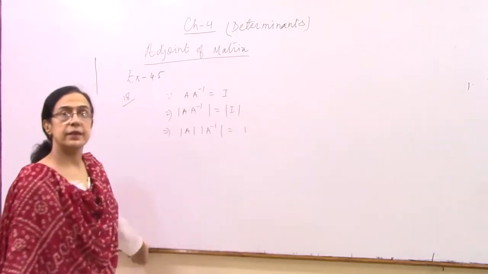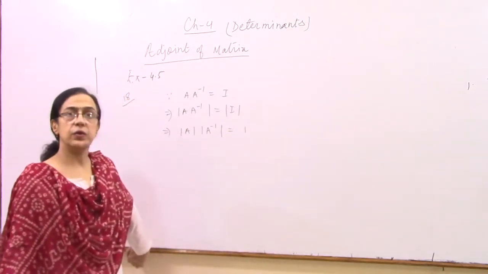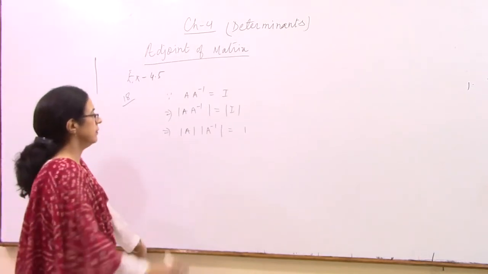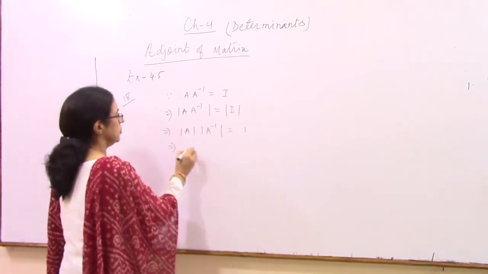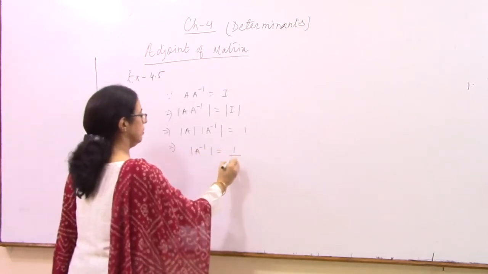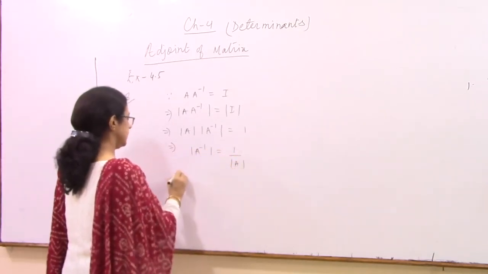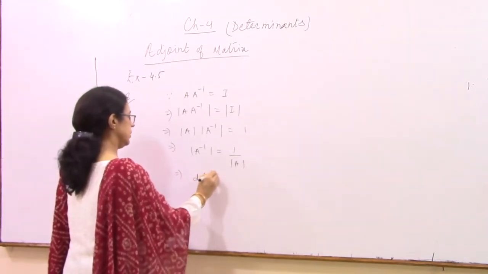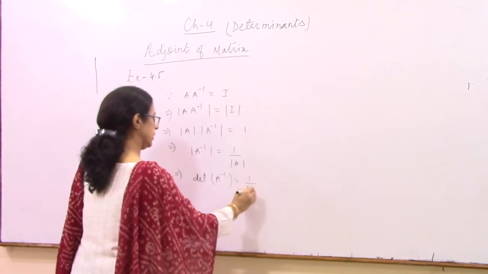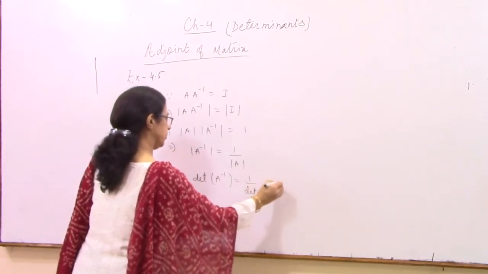Why? Since determinant of any unit matrix or identity matrix is 1. So determinant A inverse equal to 1 upon determinant A. Option B is correct.